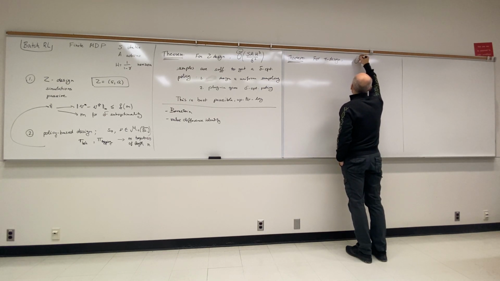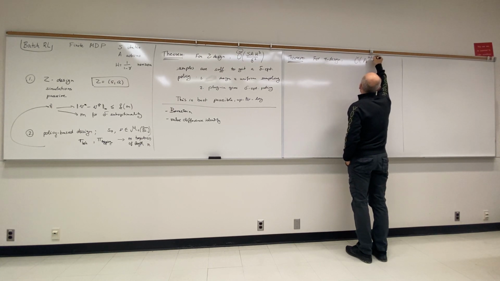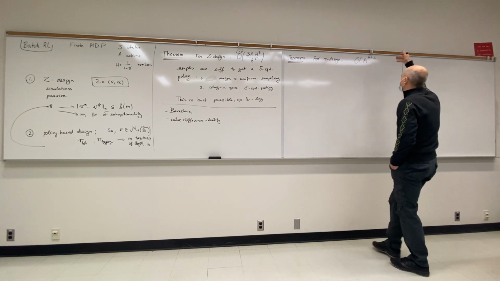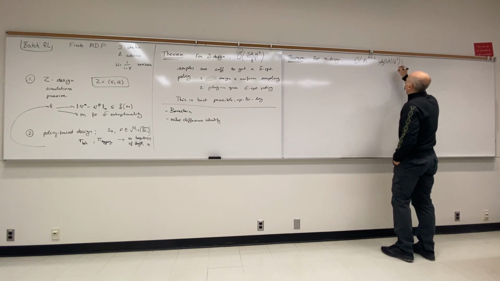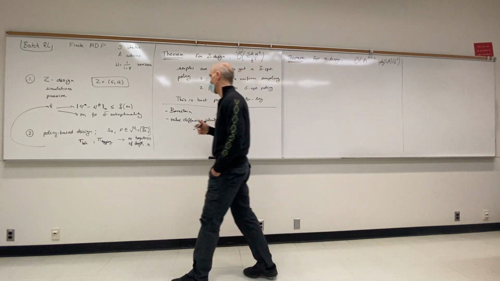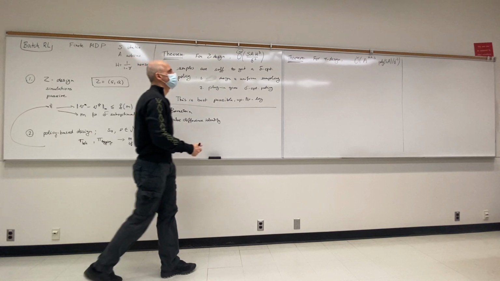So the main term here is something like the minimum of A S minus 1, something like that, and then a poly term in S A over epsilon squared. So this is how many total transitions you need to generate.